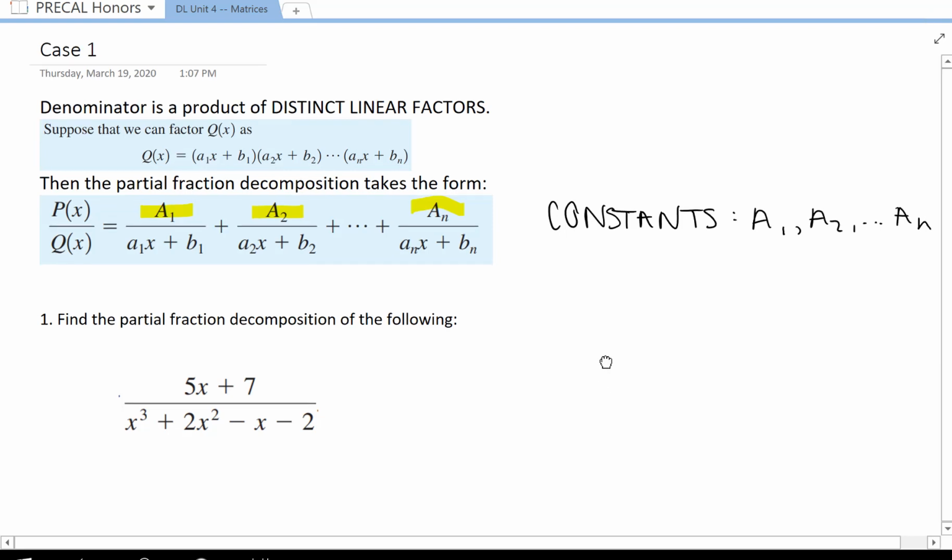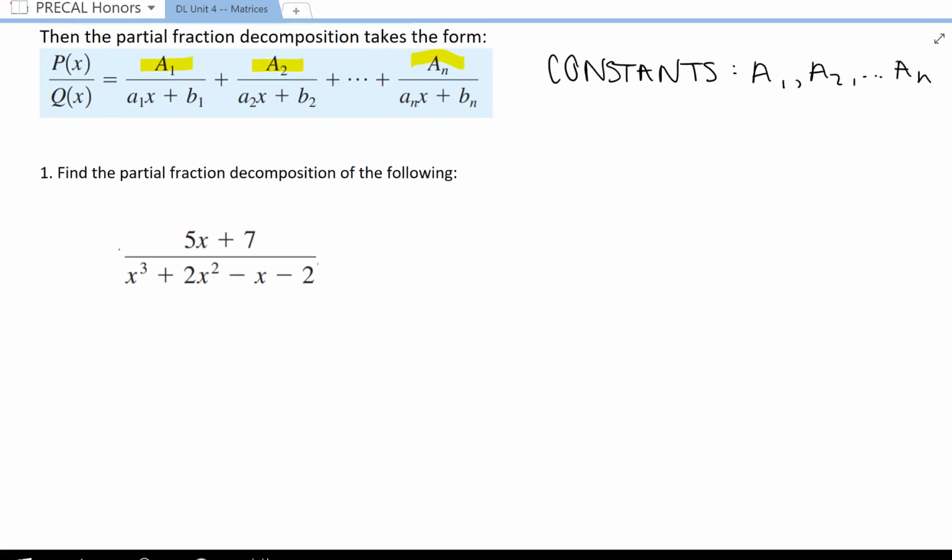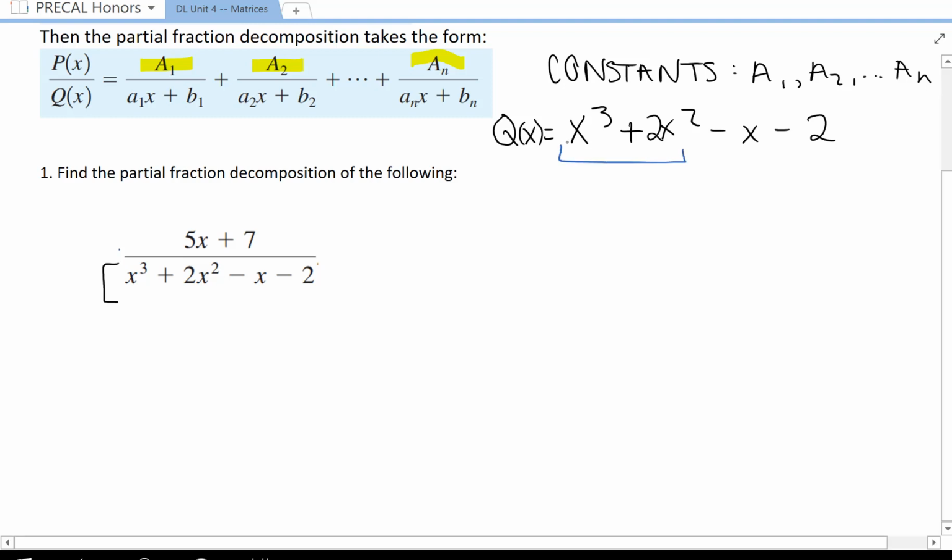So we're going to first find the partial fraction decomposition of the following. Our first step is to completely factor our denominator. So Q of x is equal to this polynomial. I'm going to factor by grouping. From these first two, I can take out an x squared: x squared times x plus 2.